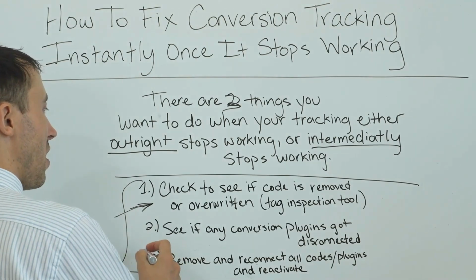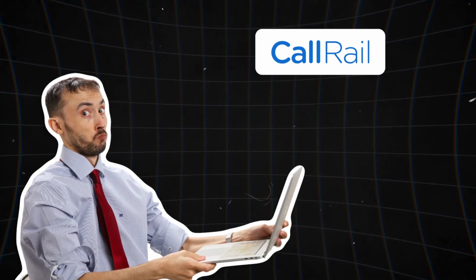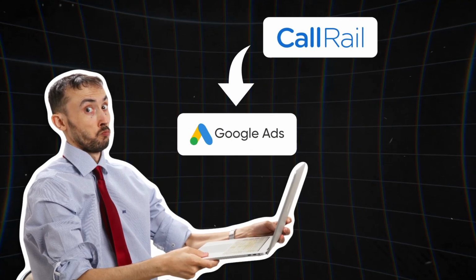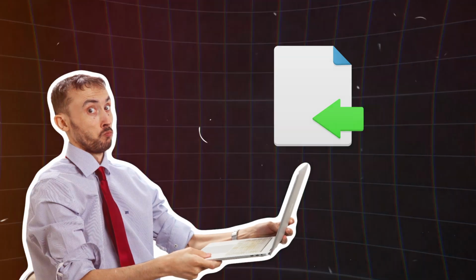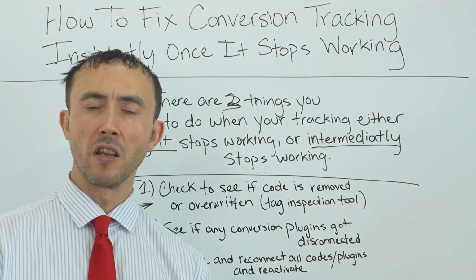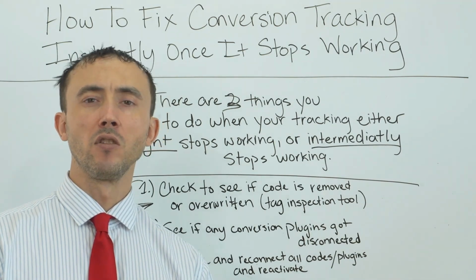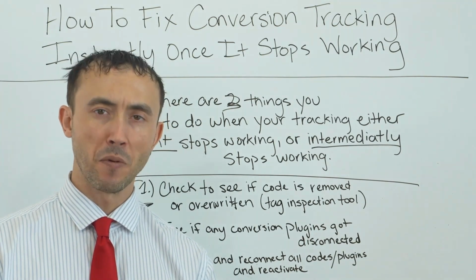So that's first. And then secondly, you're going to go ahead and check to see if any plugins are disconnected. If you're using CallRail like me, have an integration from CallRail to Google Ads, CallRail to Bing Ads to import the call data there, check those plugins. A lot of times people tracking things on Google Analytics 4 or Google Ads will use a WordPress plugin or a certain plugin on their Shopify store.